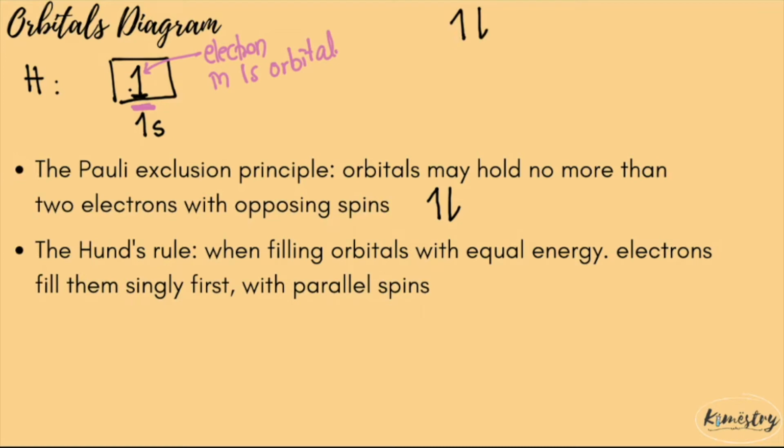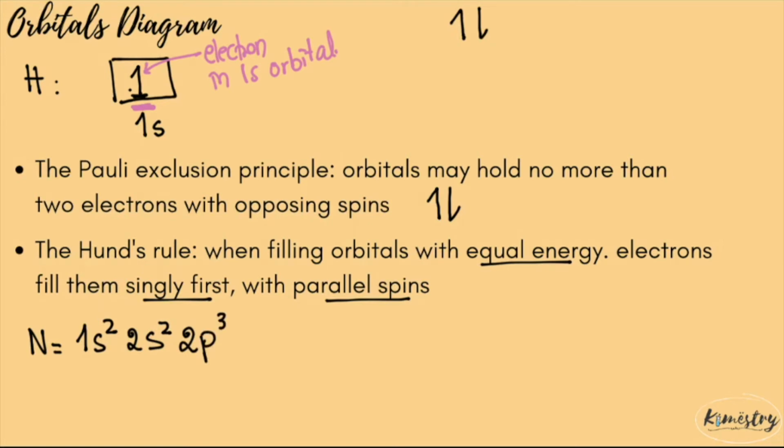When filling orbitals with equal energy, meaning the same energy level, electrons fill them singly first with parallel spin. So for example, the electron configuration of nitrogen would be 1s2, 2s2, and 2p3.